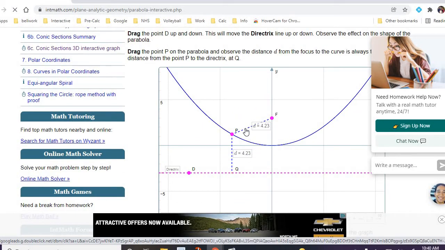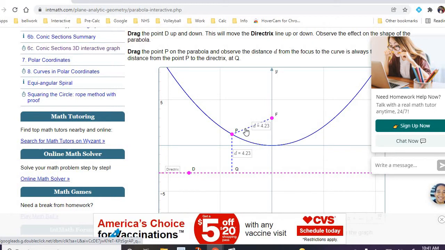So, this is a parabola, agreed? And what do we notice about our two blue dotted lines? There is two of them. They intersect. This blue dotted line and this blue dotted line. They're the same what?